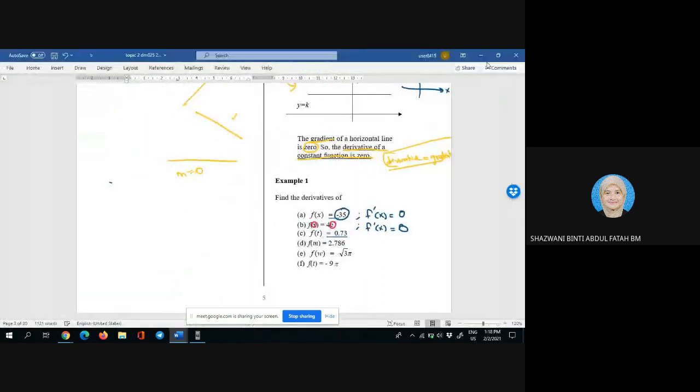Okay, so now this one. Bawah ni pun samalah. f prime p equals to 0. For d, f prime m equals to 0. Lagi untuk e, f prime w equals to what?